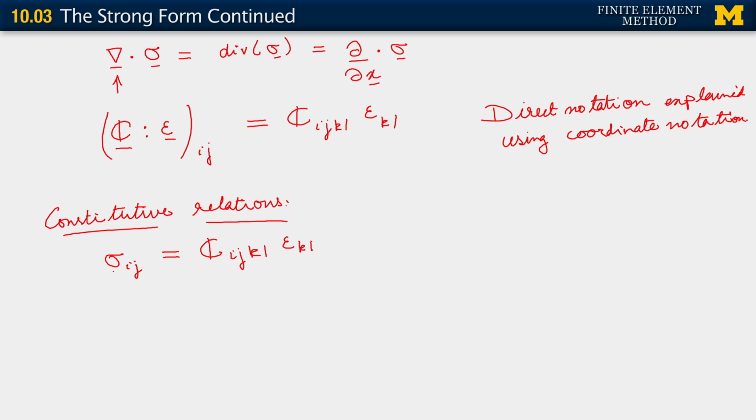Let's say a few things about this. C ijkl is a fourth order tensor. It's called the fourth order elasticity tensor.